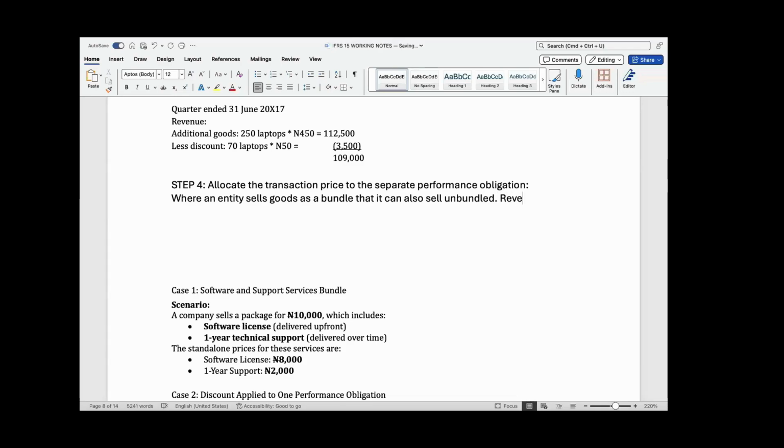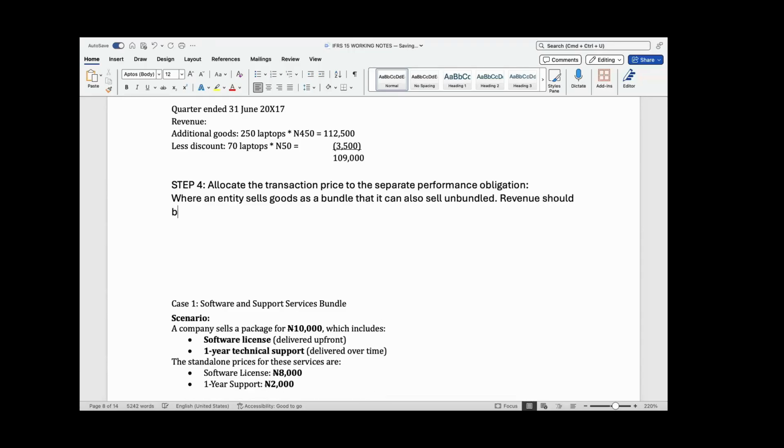So even though they are selling it bundled, revenue should be recognized separately. Revenue should be recognized for each separate performance obligation. So even though you are selling generator and maintenance for 1 million, fine, you collect 1 million.